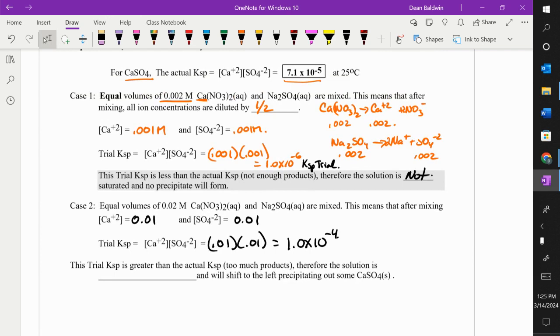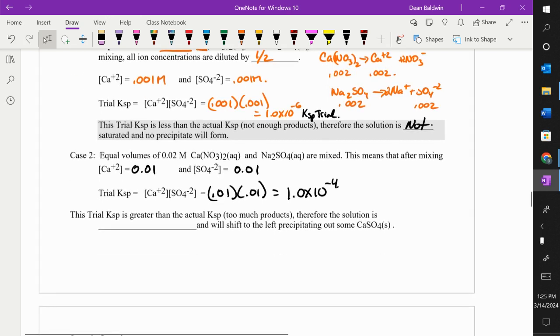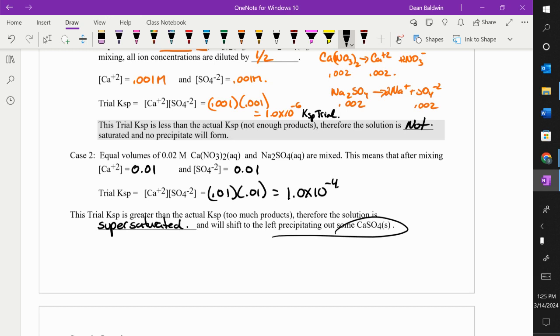It's going to be bigger, which means we've gone past the actual KSP. We're in the supersaturated solution, which it doesn't like, so it pushes back and you get a precipitate forming. So the trial KSP is greater than the actual, therefore the solution is supersaturated and shifts left. And it will shift left to precipitate out some calcium sulfate.